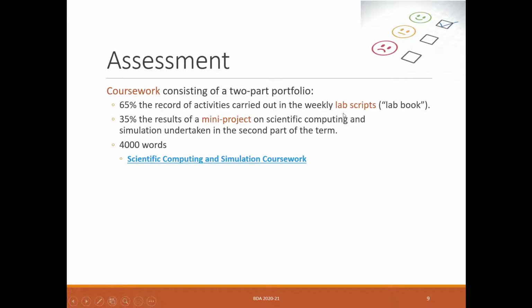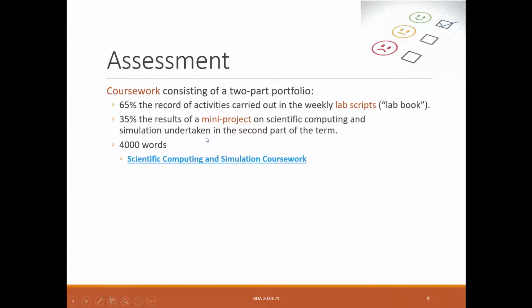The second part of the assessment is a report on the result of a mini project on scientific computing and simulation that you will undertake in the latter part of the teaching block. In the last few weeks of the term, you will be provided with a list of possible mini projects on the Moodle site for the module, and you will choose exactly one of these projects to do.